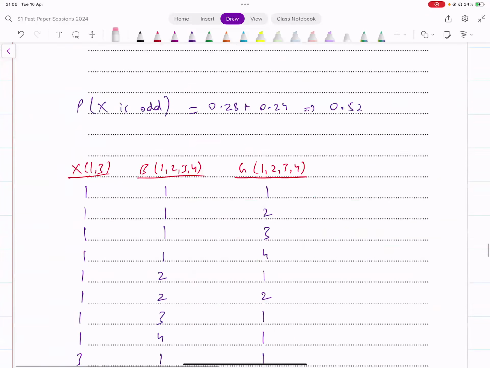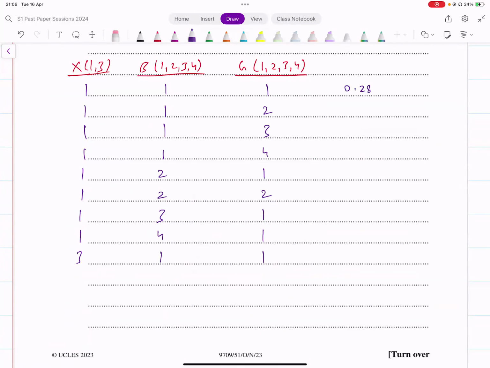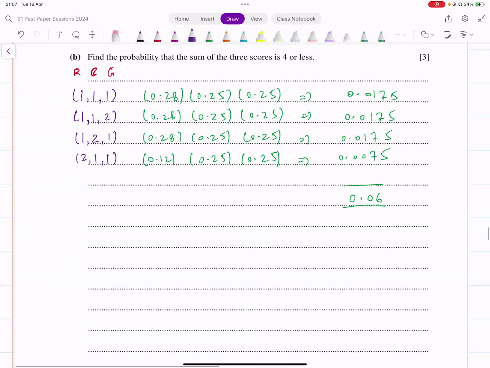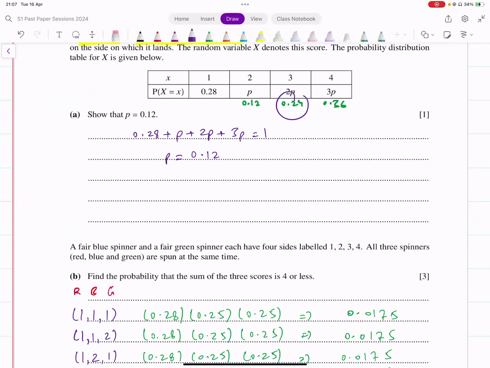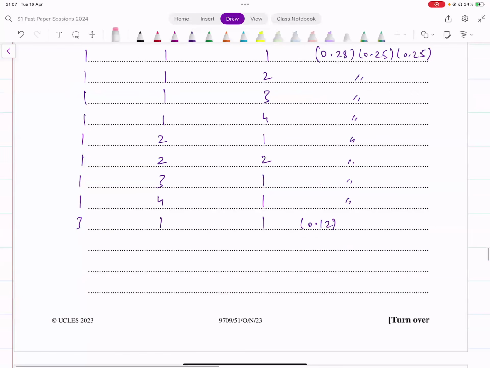So in all of these first few cases, we're going to have the same probability, 0.28 into 0.25 into 0.25. Only the last one is going to be different, because the probability of x being equal to 3 is 0.24. So you use that here. It's not 0.12, it's actually 0.24 into 0.25 into 0.25.